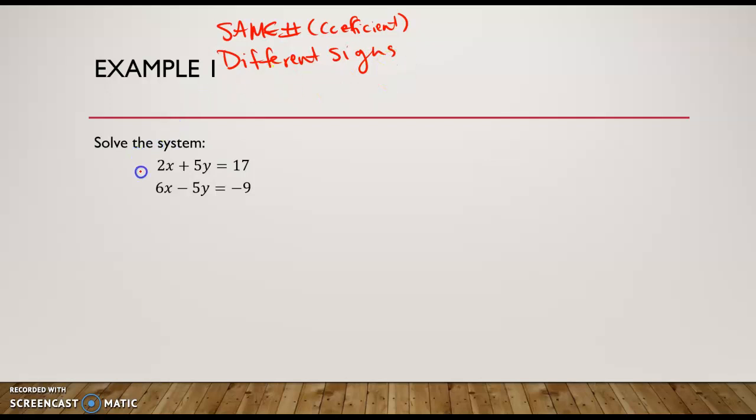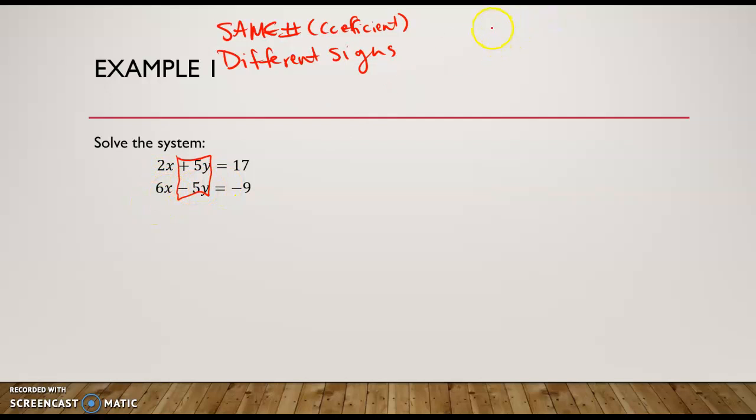So like when we look at this system here, we have a positive 5y and a negative 5y. And we only want to do this with the coefficient because we're trying to eliminate a variable, not the constants over here. So don't worry about whether the same sign or same number, different signs. Only our x or y is what we want to change to that.